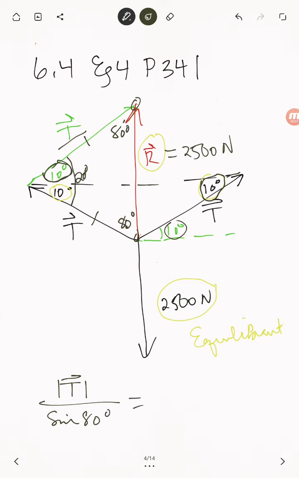And that has to be equal to a magnitude that I know, which is 2500 newtons, over the sine of the angle across from it, which is 20 degrees in that triangle.